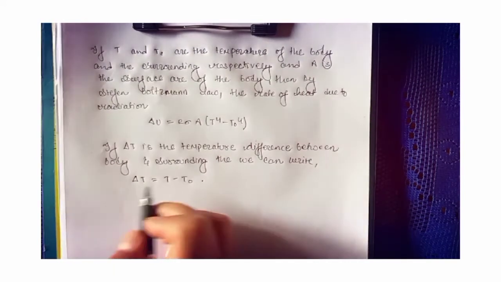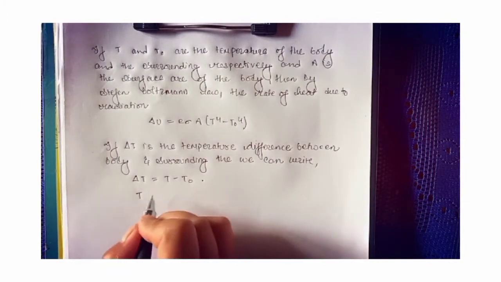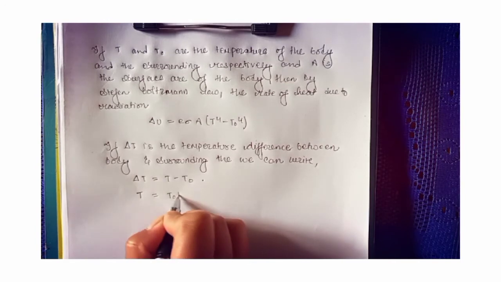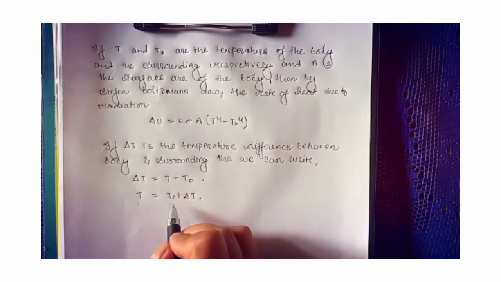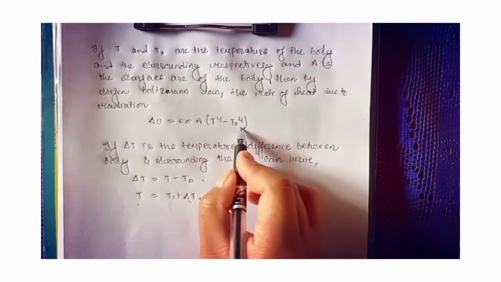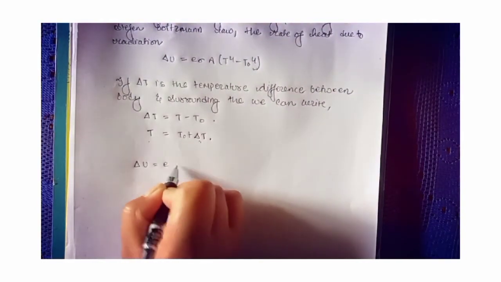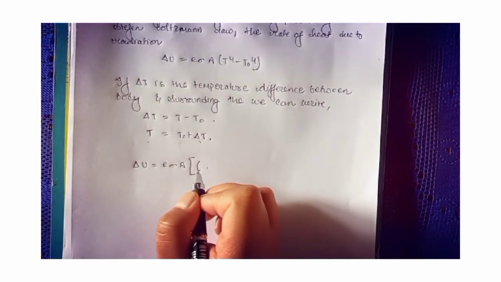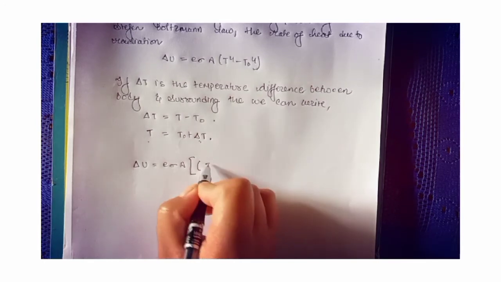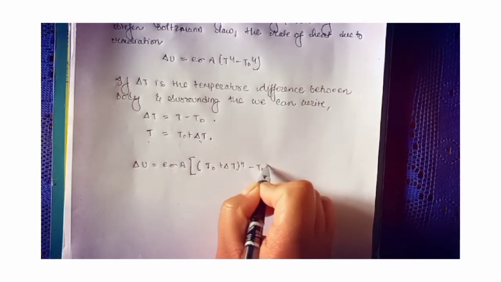If we write delta T as T minus T naught, then T, which is the object's temperature, we can write as T naught plus delta T. So here we get the value of T. Substituting the value of T in this equation, we have delta U equals e sigma A ((T naught plus delta T) to the power 4 minus T naught to the power 4).